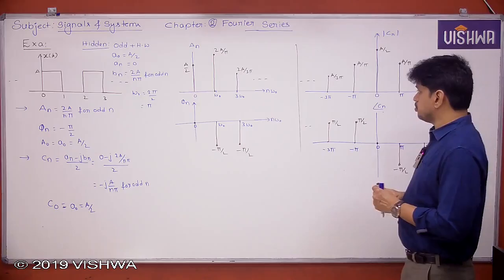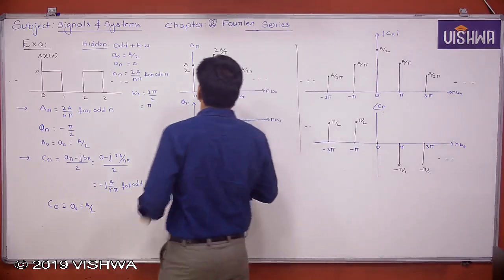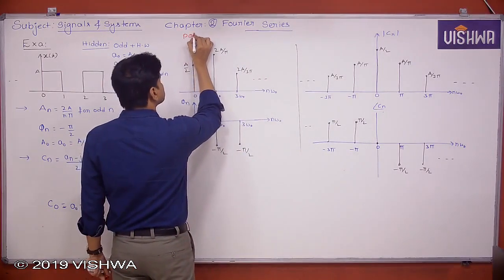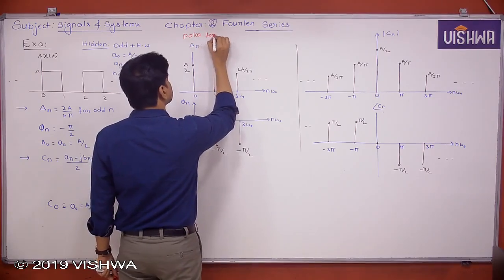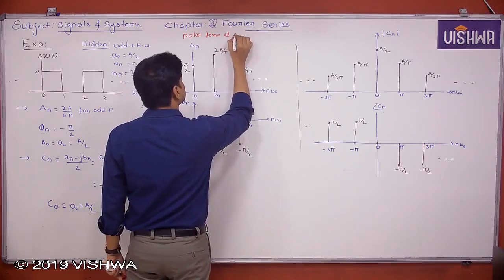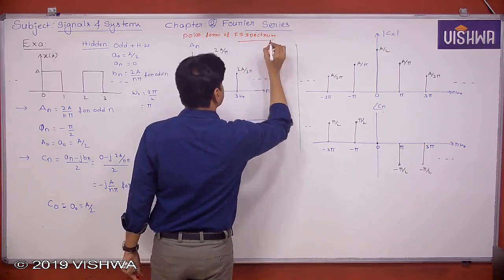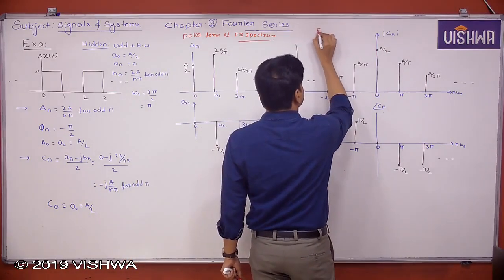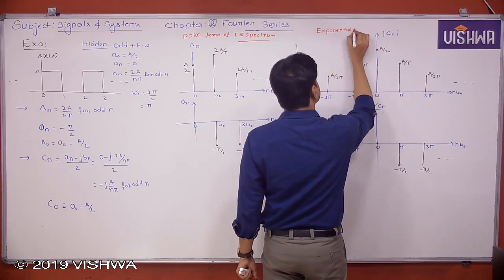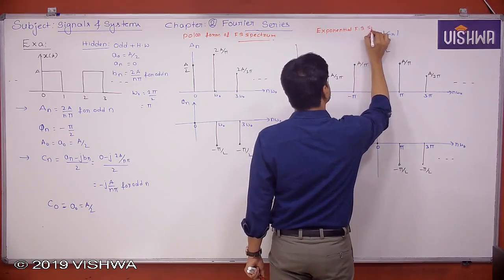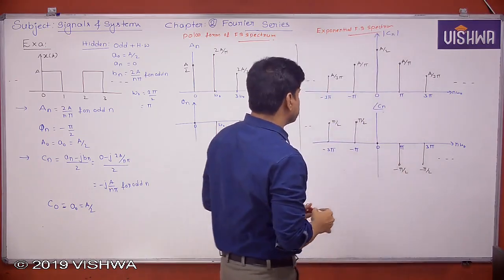So observe the polar form of Fourier series spectrum, and this is the exponential Fourier series spectrum.